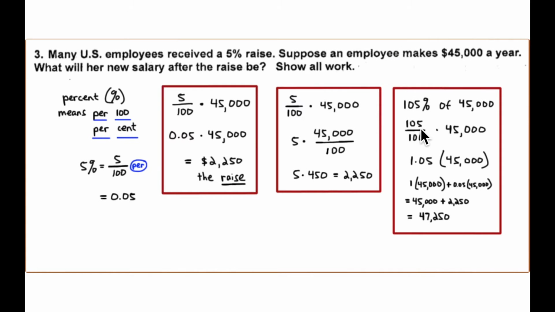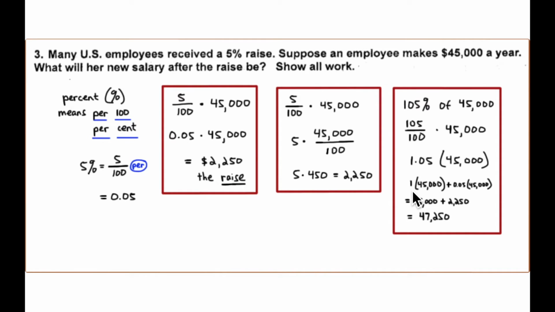That fraction is 105 out of 100, or 105 over 100 times 45,000. That's 1 and 5/100 still times 45,000. You would plug this into a calculator right here and you get the total amount with the previous salary and the raise as the answer.